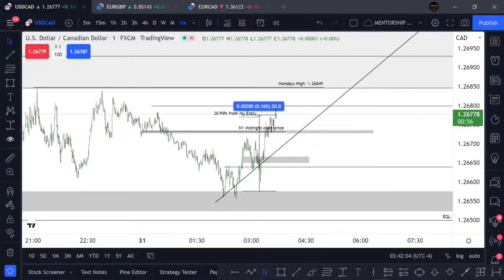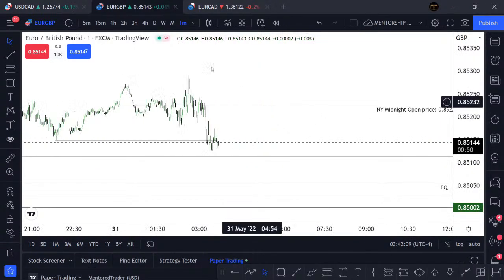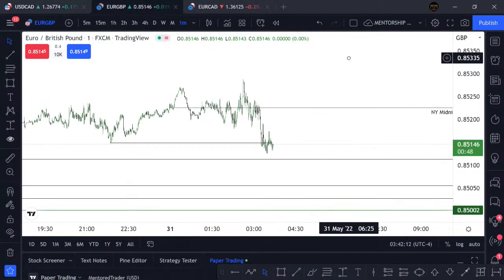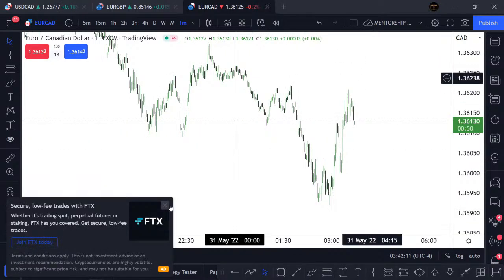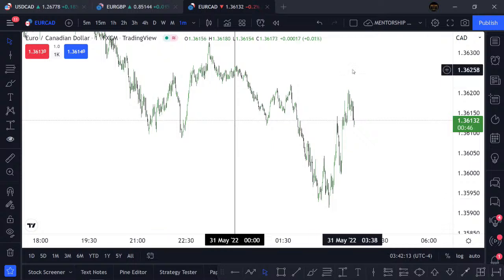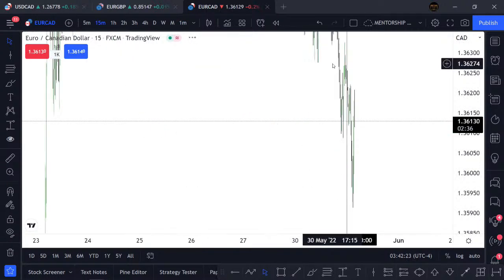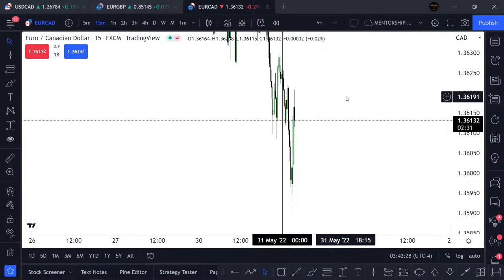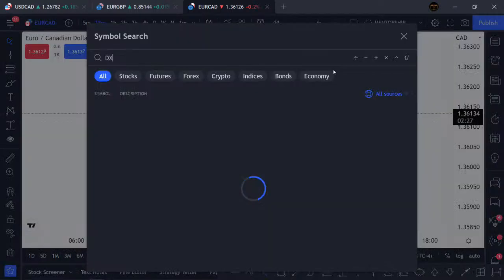Right. Let's see what we have here. Okay, euro, 2 minutes chart. Let's look at the dollar index first.